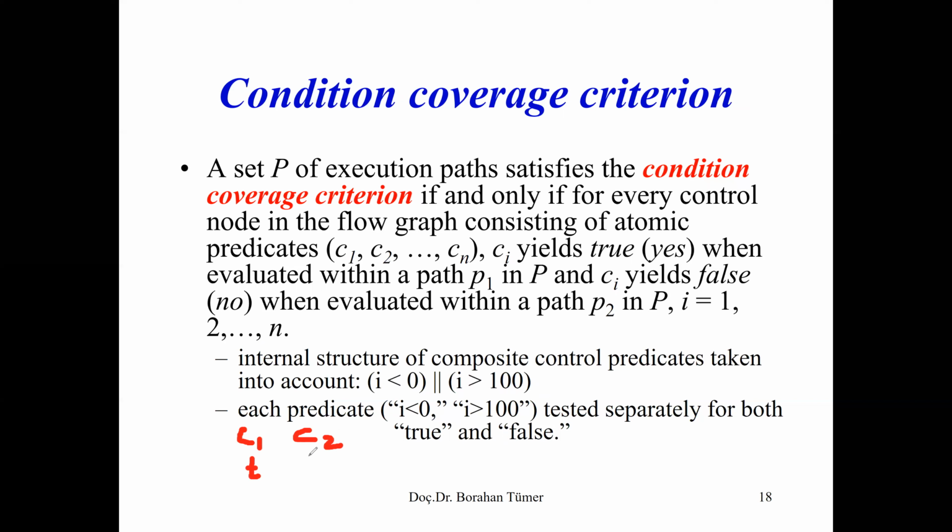They need to be both true. They need to be true, false. They need to be false, true. And let me write it here, false and false. So these make in total four different test cases.